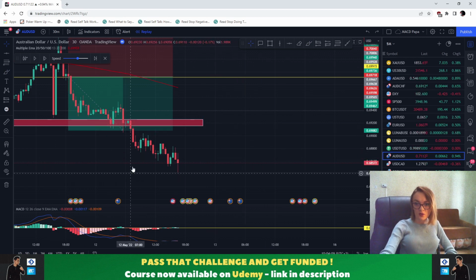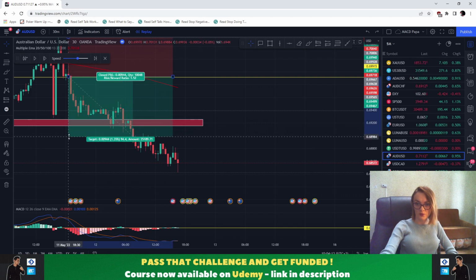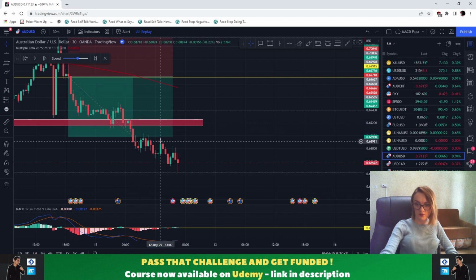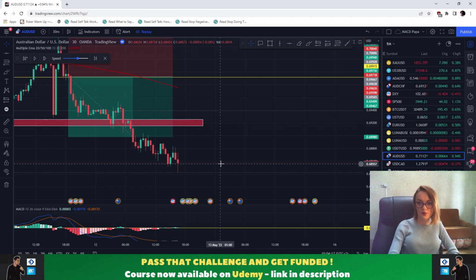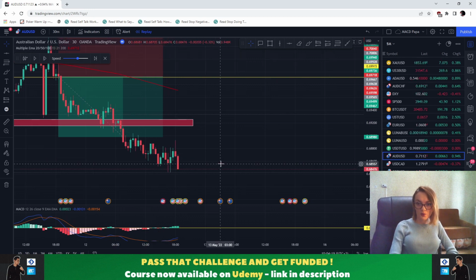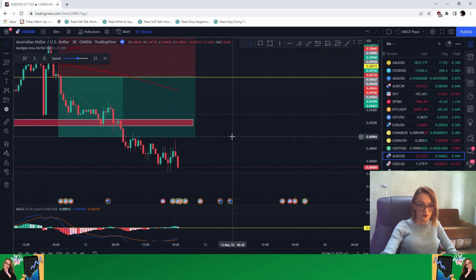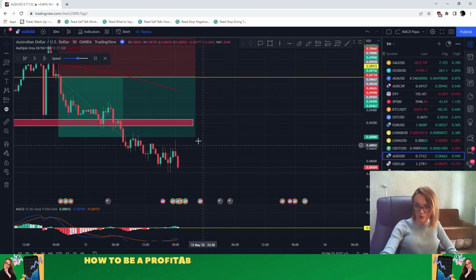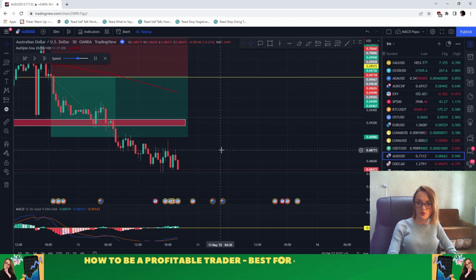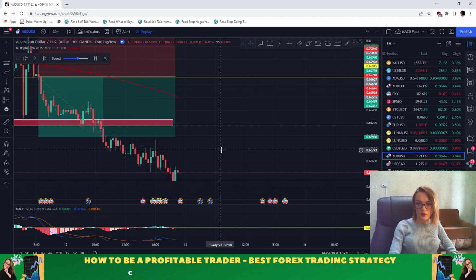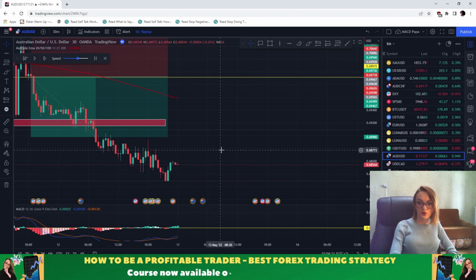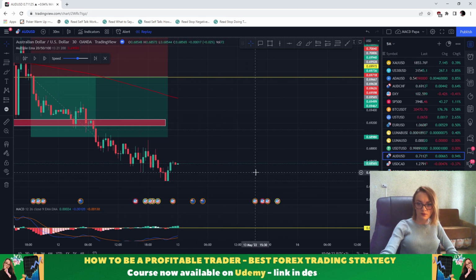I am going to trail my stop loss a bit more, somewhere around 1.5 above these highs formed here. And now we are going to wait. Let's see how this candle would react with our stop loss, but we would still be in our position here.